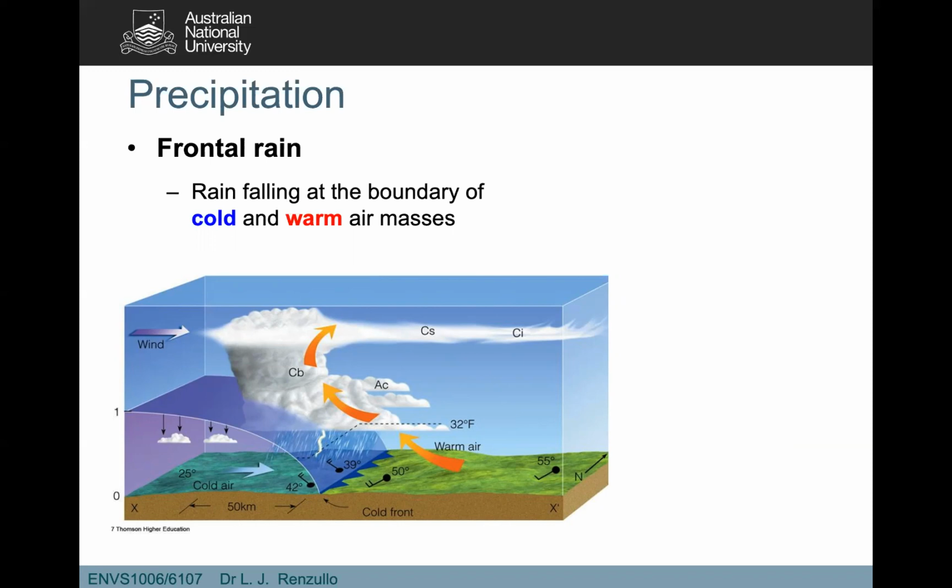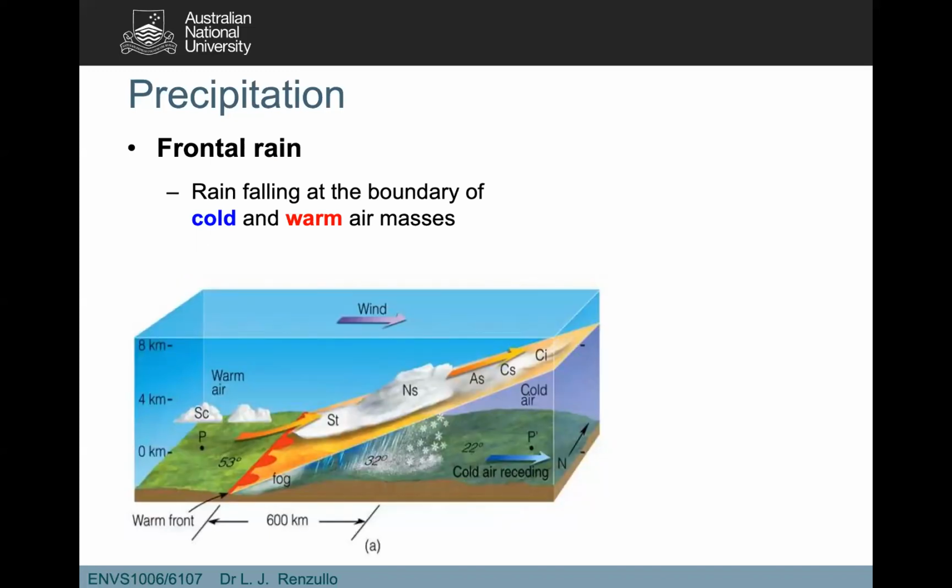The clouds typically resulting from this are cumulonimbus, but you can also get stratus clouds as well. The cloud classifications I won't go into in this lecture, but it's a whole area of physics in itself for how these clouds form. But for your purposes, one example of frontal rain is when a cold air mass meets a warm air mass and lifts that warm air into areas of the atmosphere that are colder with less pressure.